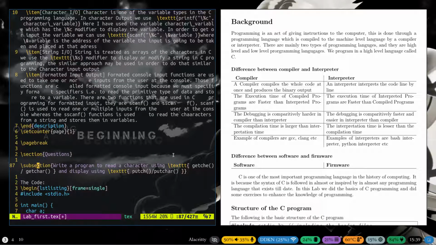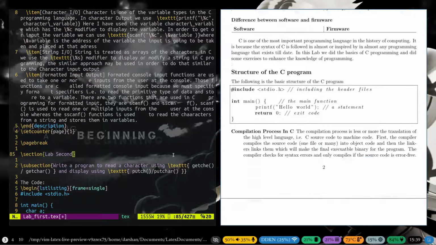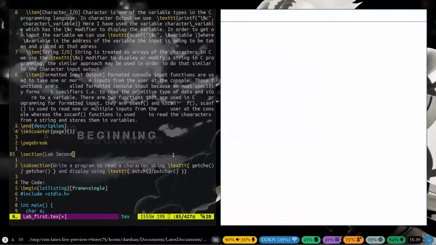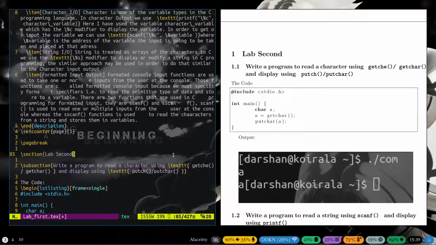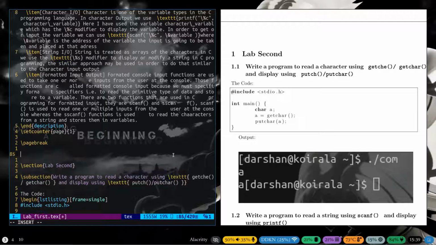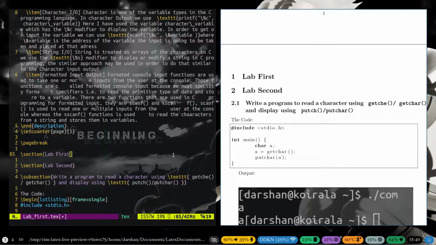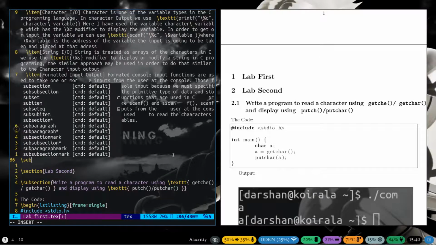Okay, subsection, section, questions. It should be lab second. Okay, is it lab second? I have to start a section for lab first now. Okay, lab first. Now I started with a subsection.